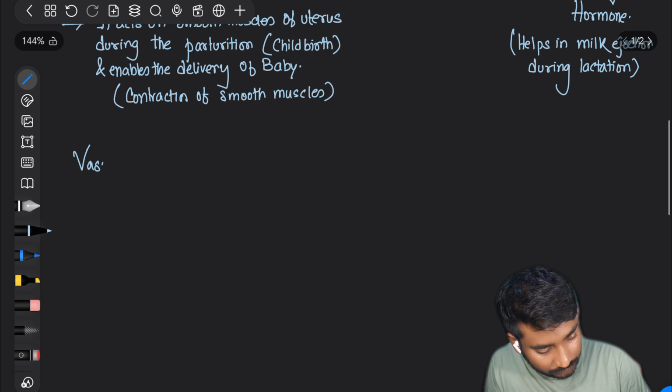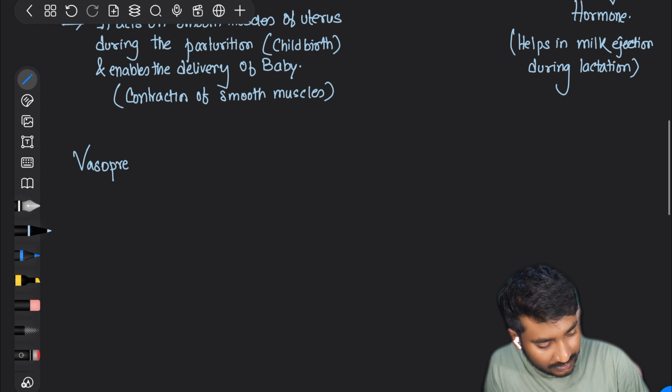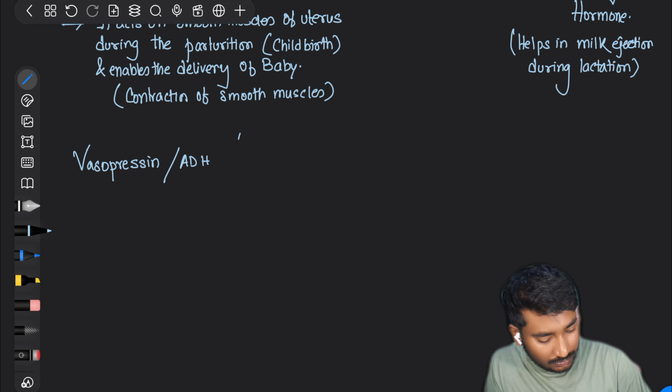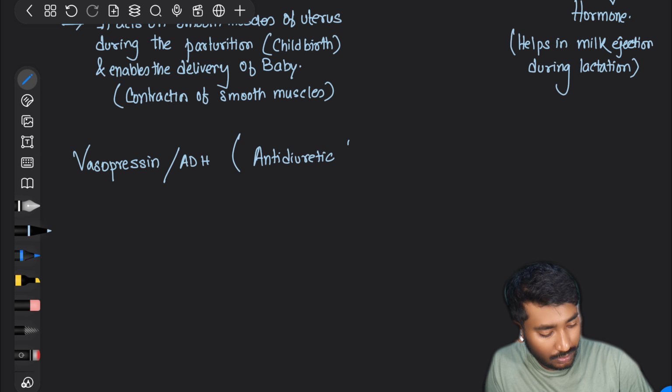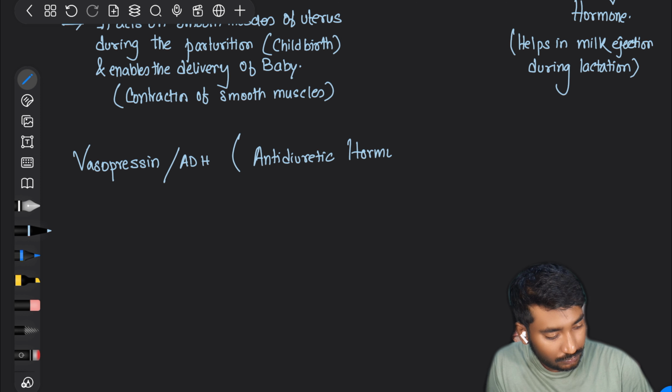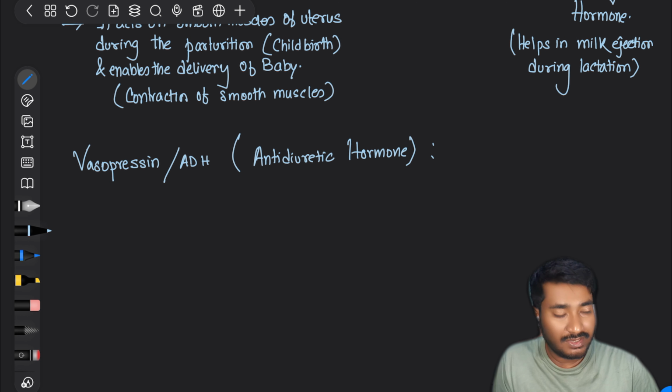Vasopressin, also called ADH, is the anti-diuretic hormone. It prevents diuresis.